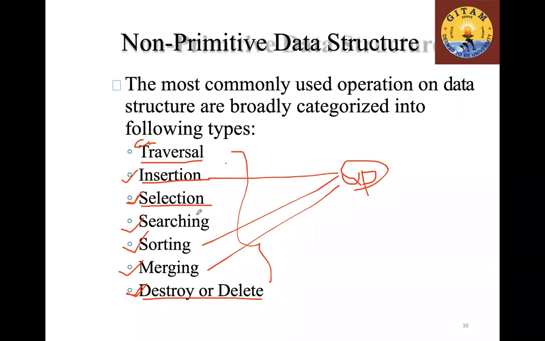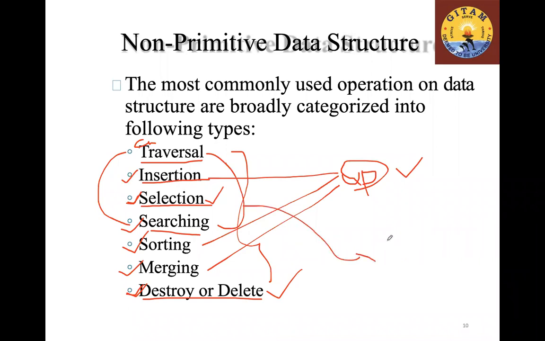But extra to that, you have searching and traversing for the non-primitive data structures, right? Selection is common, delete and destroy is common, updation is common. And in addition to that, you can traverse and search. So it indicates that traverse and search itself makes a major difference.